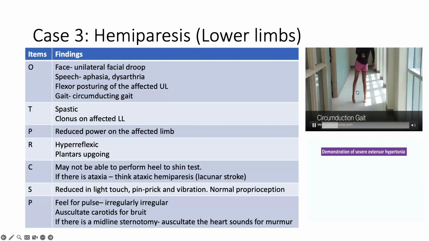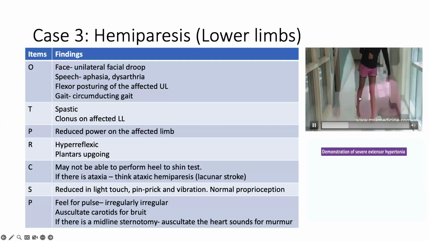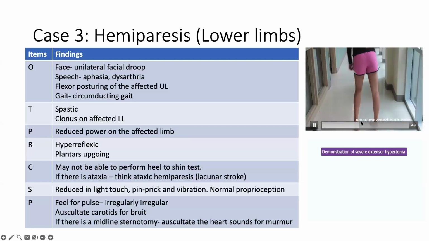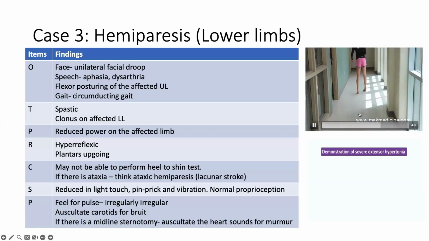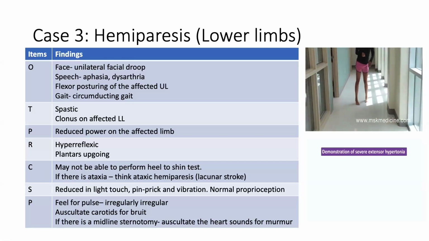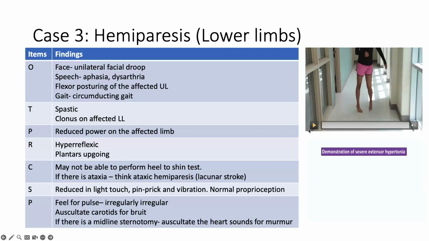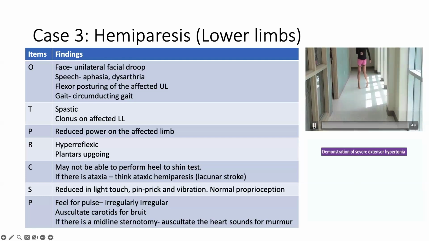So I want you to see how she had to turn in a semicircular manner with her right leg, her right foot. So that's a circumducting gait. And also the way that she walks, if you see that again, somebody with a spastic hemiparesis on the lower limbs, they have strong plantar flexion, weak dorsiflexion.